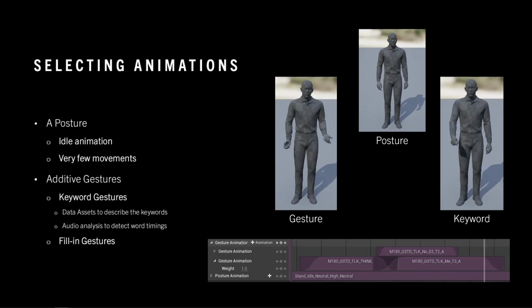And we run an audio analysis on all of our sentences. And if we find one of these keywords at some specific time, we want to try and use a keyword animation at that time. But not too much, maybe 1 or 2 per sentence, depending on the length of the sentence, because it can be very cluttered at some point and it's ugly.